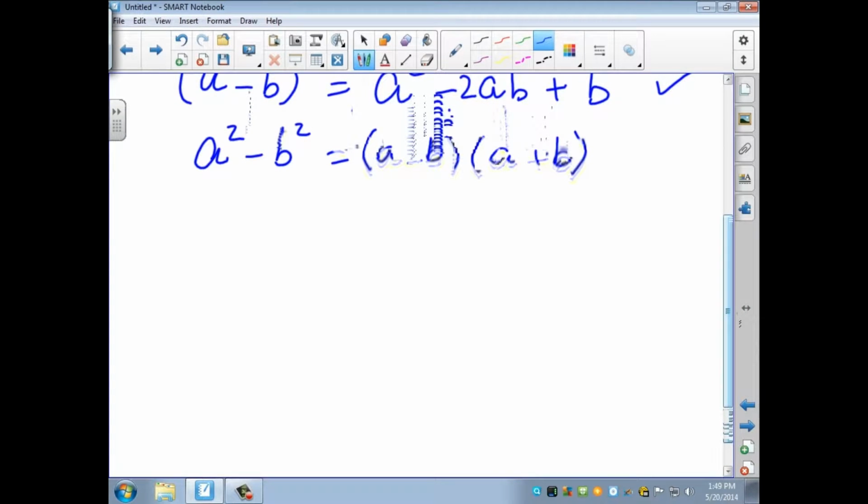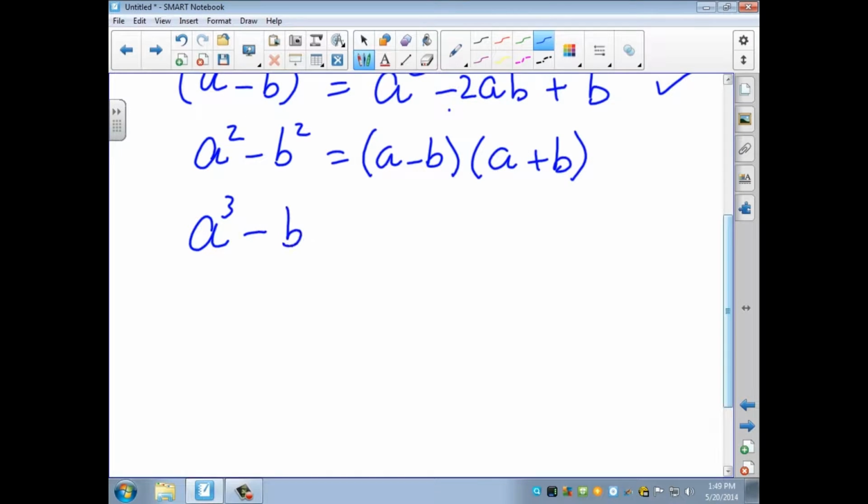Another one, if you have the difference of two cubes, a to the third minus b to the third, that can also be factored as two parentheses. One would be a minus b multiplied by a squared plus ab plus b squared.